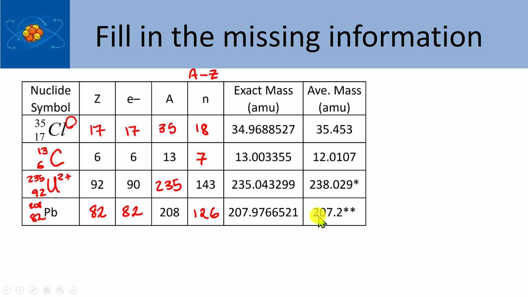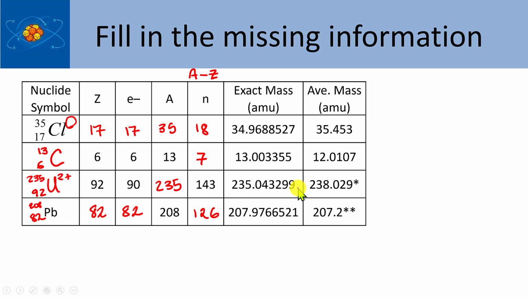The average atomic mass is 207.2, and there's only like 4 significant figures in this number. The reason it's that way is uranium is the sort of final decay product. Or sorry, lead is one of the final decay products of uranium 235, 238.